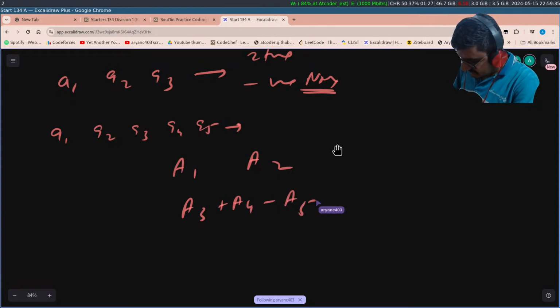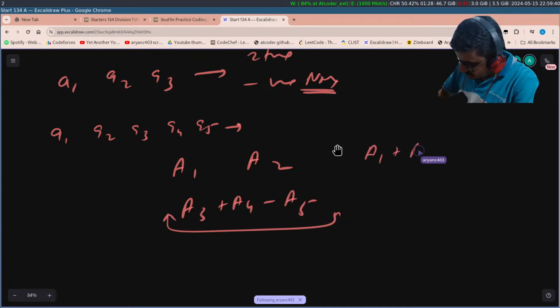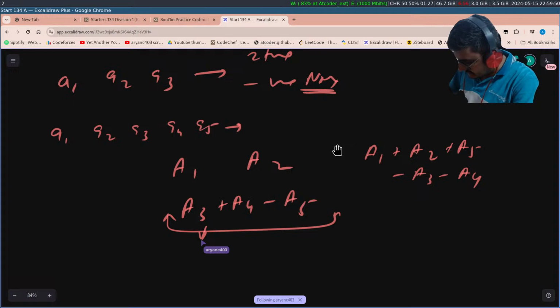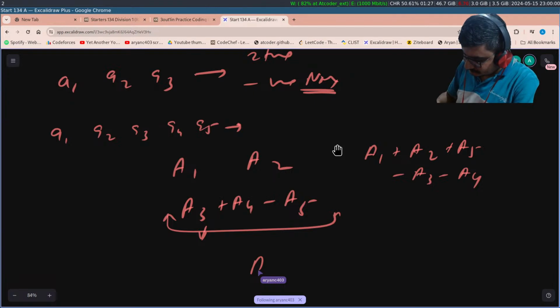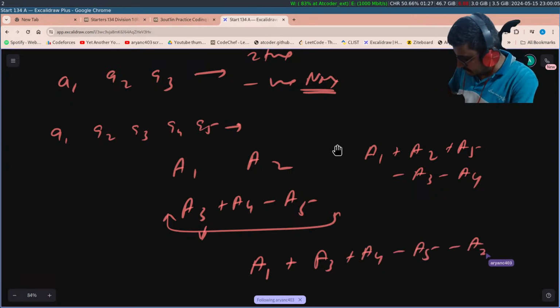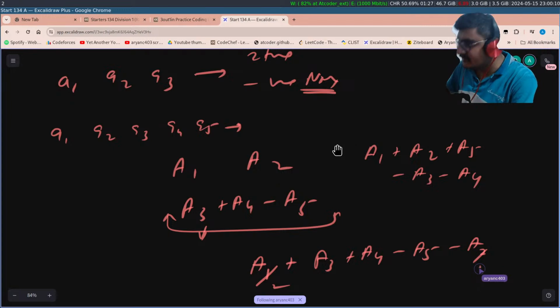Now if we take this as a negative number, then overall we would get a1 plus a2 plus a5 minus a3 minus a4. And if we keep this as a positive sign, then we get other possible choices: a3 plus a4 minus a5 minus a2, or we can switch a2 with a1 as well.